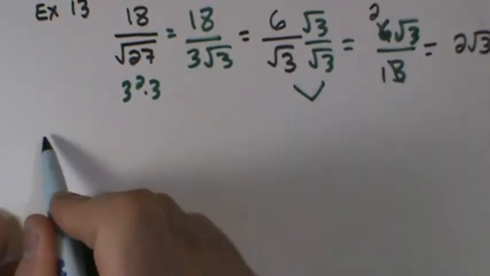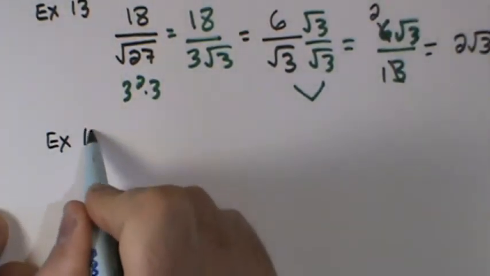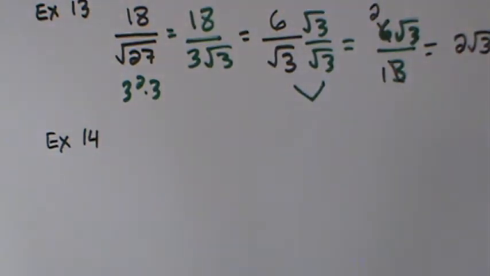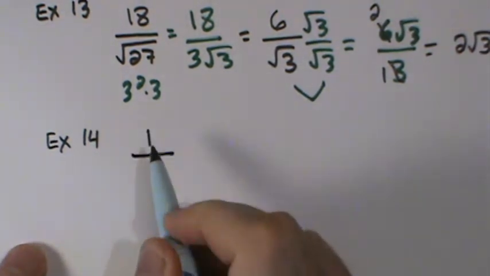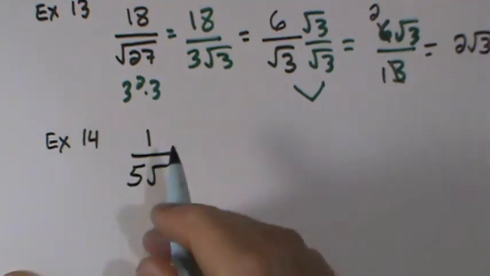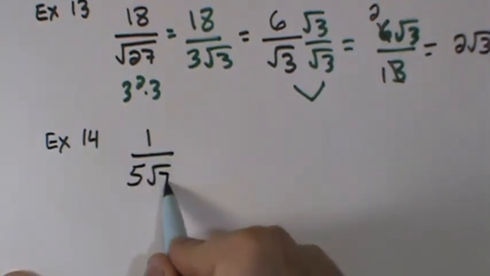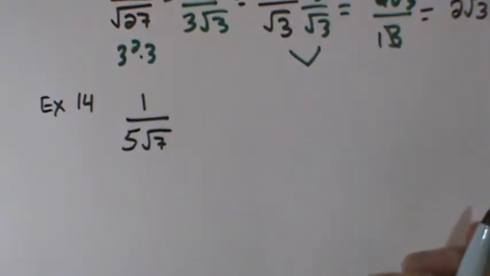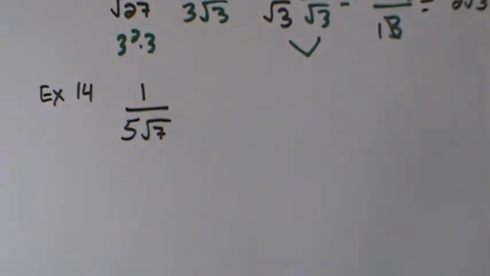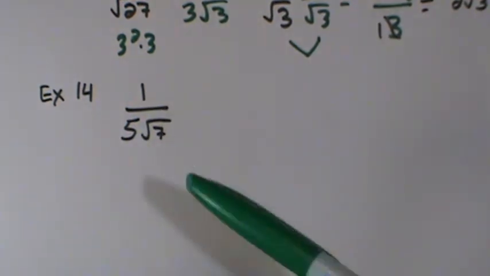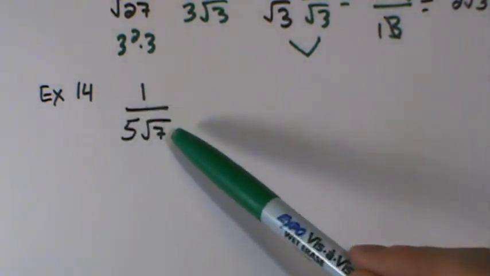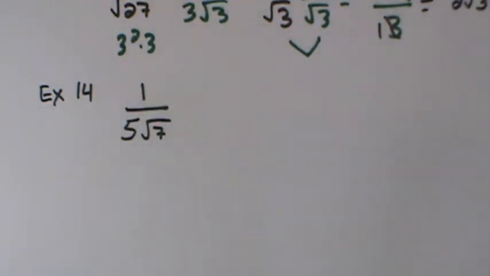Let's do another example. Example 14. I've got 1 over 5 rad 7. Fairly simple example. My issue, I don't have any place where I can cancel. My issue is having this radical in the bottom, so I'll simply multiply top and bottom by rad 7.